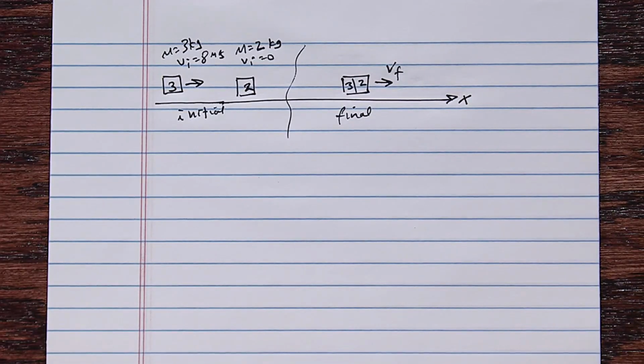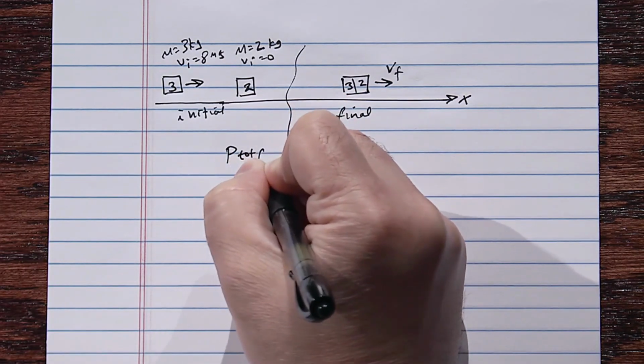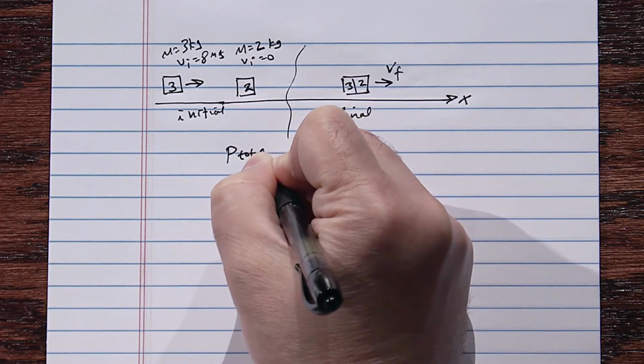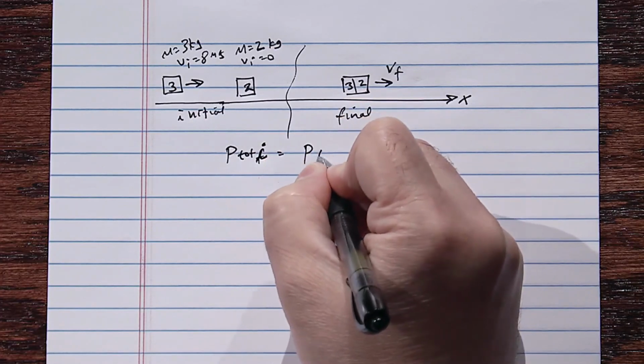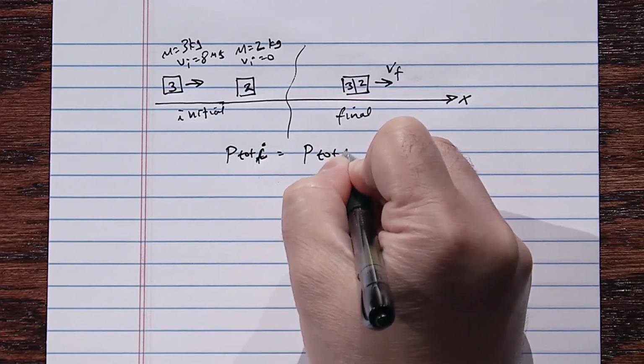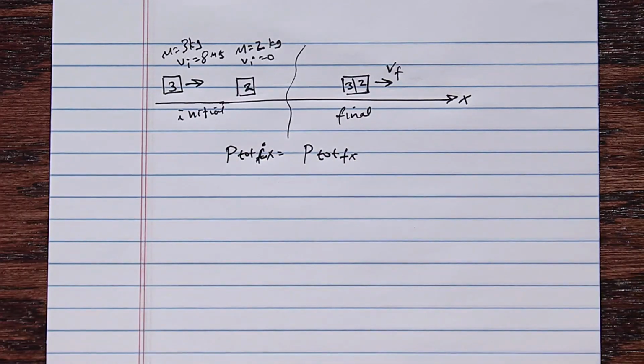Our starting equation, if we identify this as a collision, is P total initial is equal to P total final, and make sure we recognize that we're working in the x direction. So P total initial x equals P total final x.